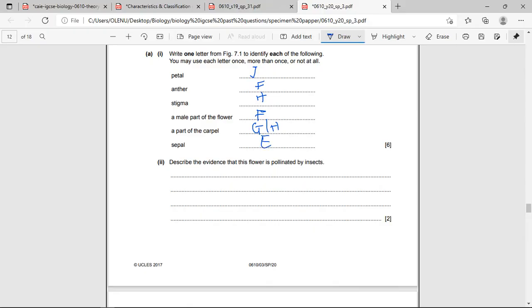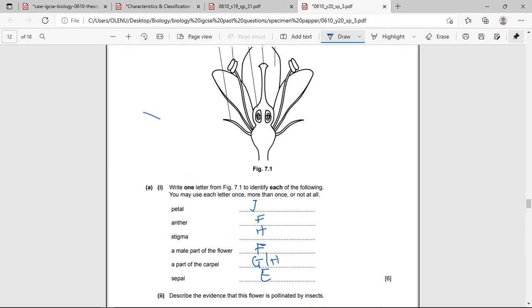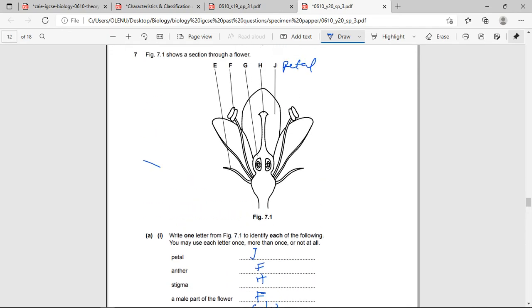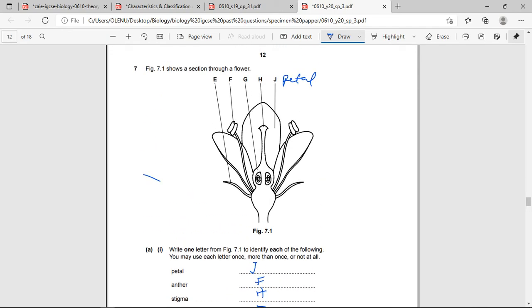Now, describe the evidence that this flower is pollinated by insects. First, if you look at it, it has large petals. Insect-pollinated flowers have large petals to attract insects. That's one.